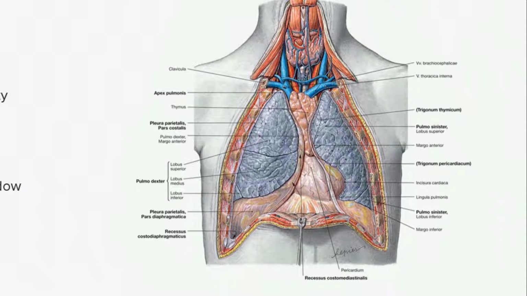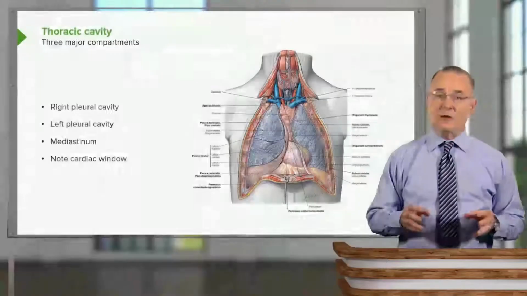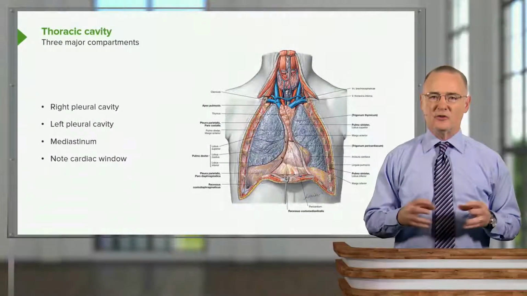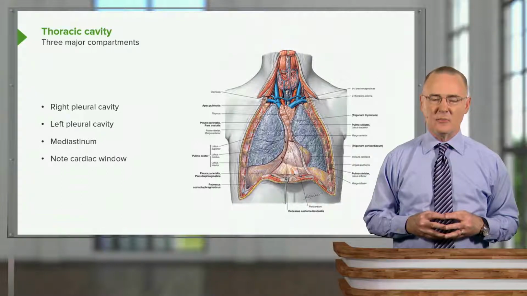Also of note is the fact that we have a nice cardiac or heart window right in through here, and part of that window is provided by the fact that the left lung gets displaced toward the left side of the thoracic cavity, towards its own pleural cavity, and there's a notch created by the impression of the heart. This allows access to the heart if an intracardiac injection needs to be administered.